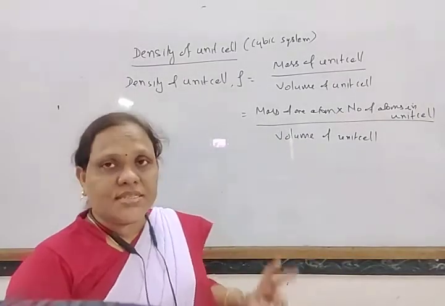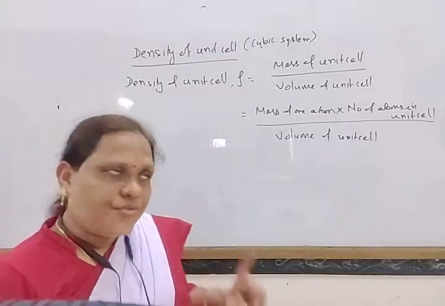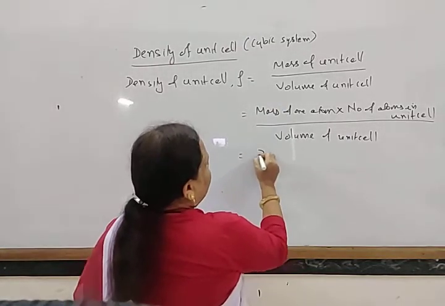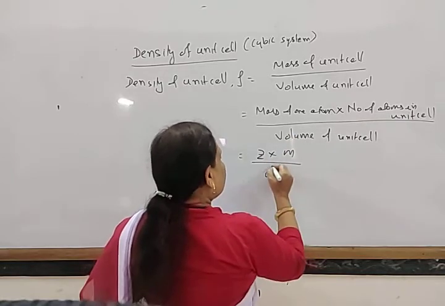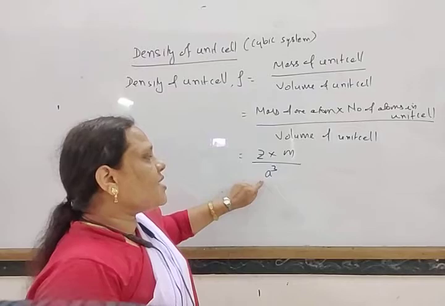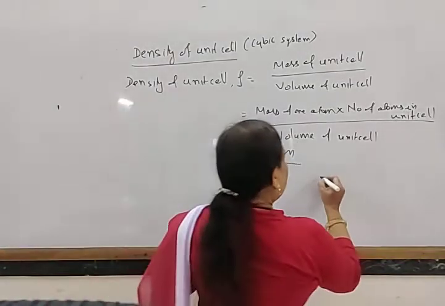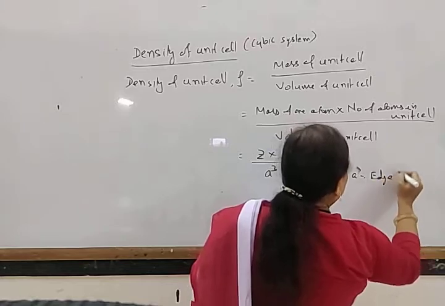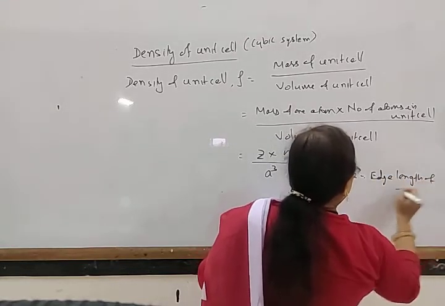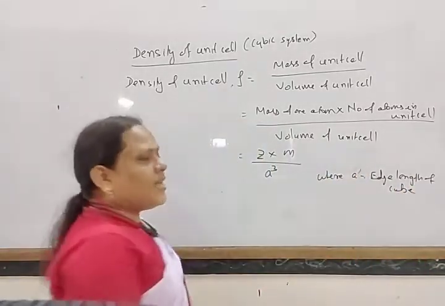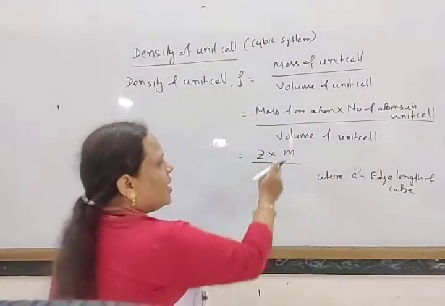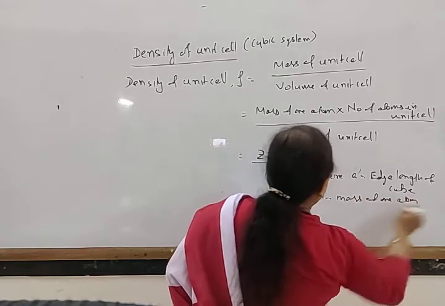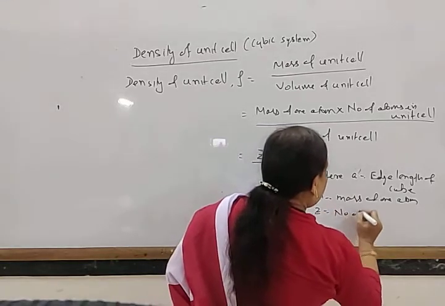Suppose the edge length is a, so the volume is a cube. So rho equals Z m by a cube, where a is the edge length of the cube, Z is the number of atoms per unit cell, and m is the mass of one atom.